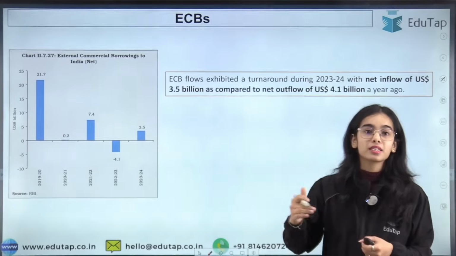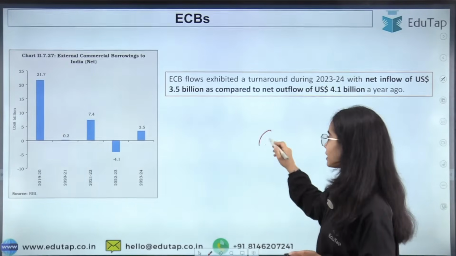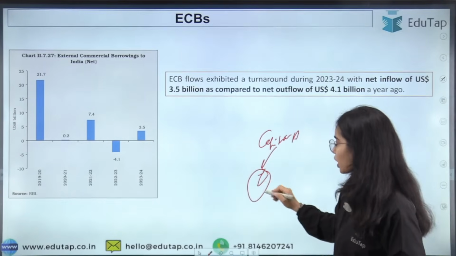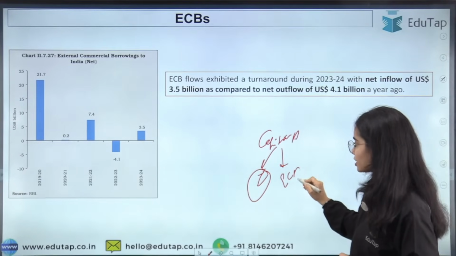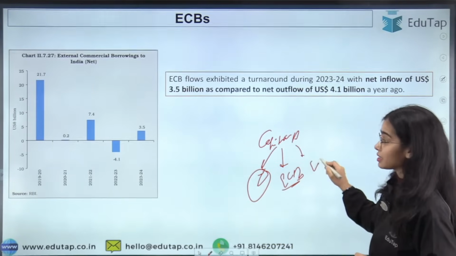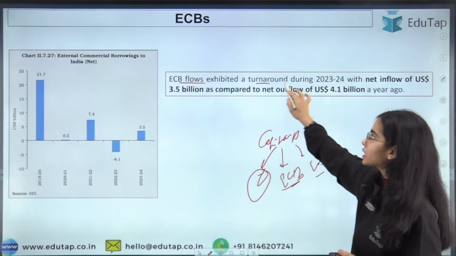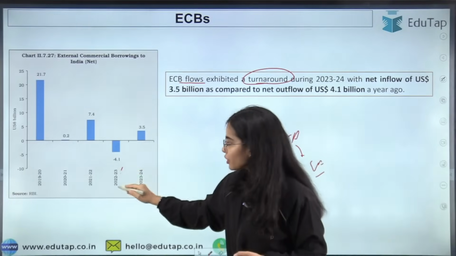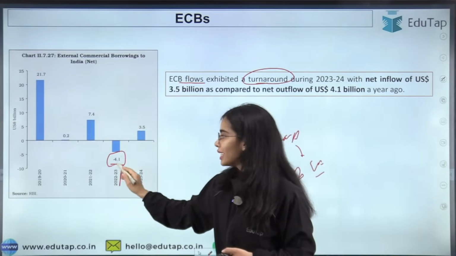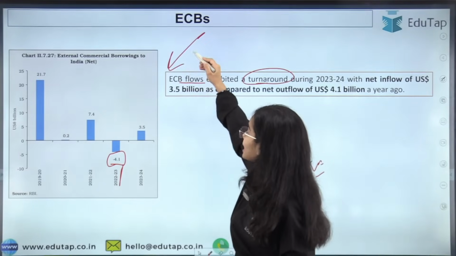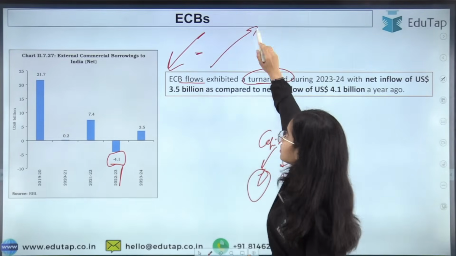Now the external commercial borrowings. As I've told you, in the capital account there is the investment that we take into account. There are also the external commercial borrowings and external assistance. External commercial borrowing flows exhibited a turnaround during 2022-23. There were negative external commercial borrowings, which means we were borrowing less than what we were lending.